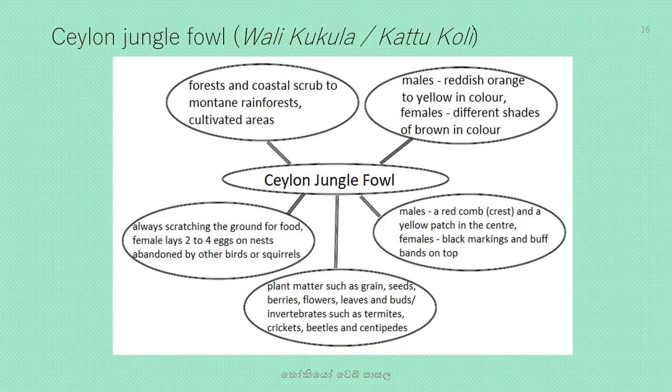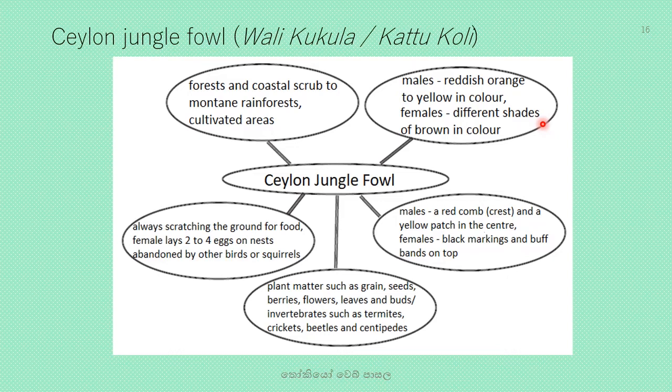Here I have done one example just for you to understand what you need to write for each circle. I have given information related to the Ceylon jungle fowl, Valikukula, or else Kattu Koli. First, I have written the name, and then I need to find what their colors are.